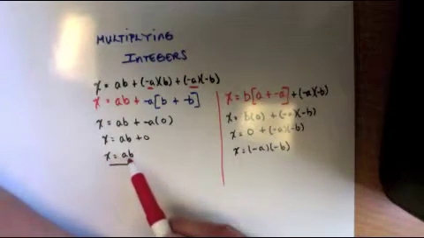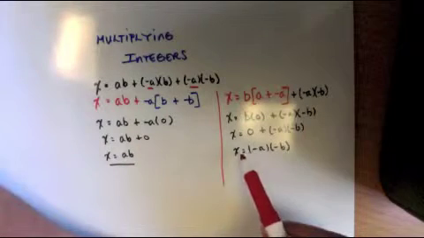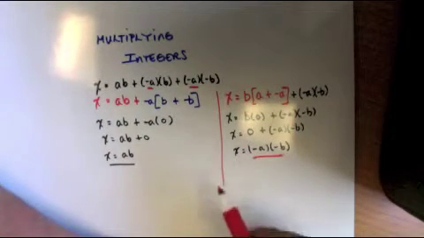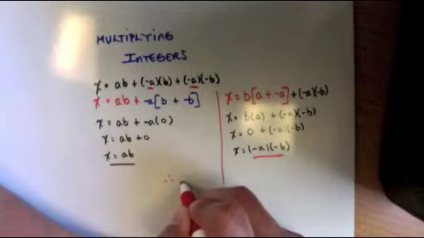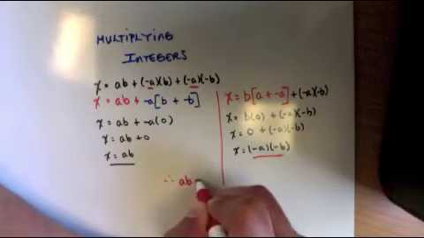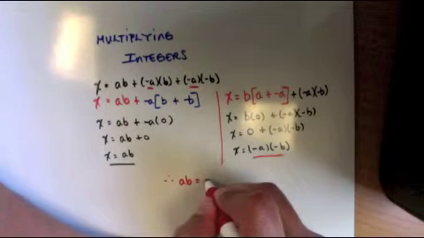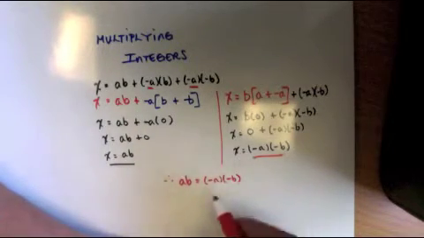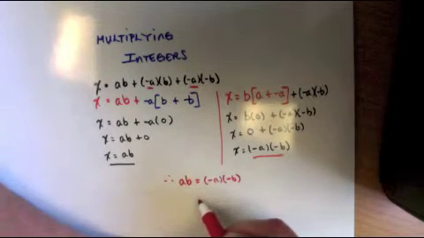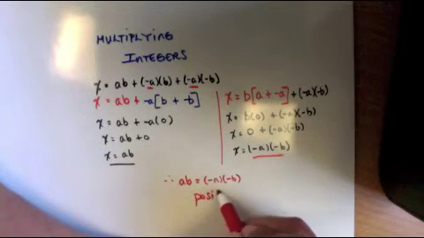If x equals AB and x equals negative A times negative B, what does that mean? Therefore AB is equal to negative A times negative B. And what does that tell you? Negative times negative equals a positive.